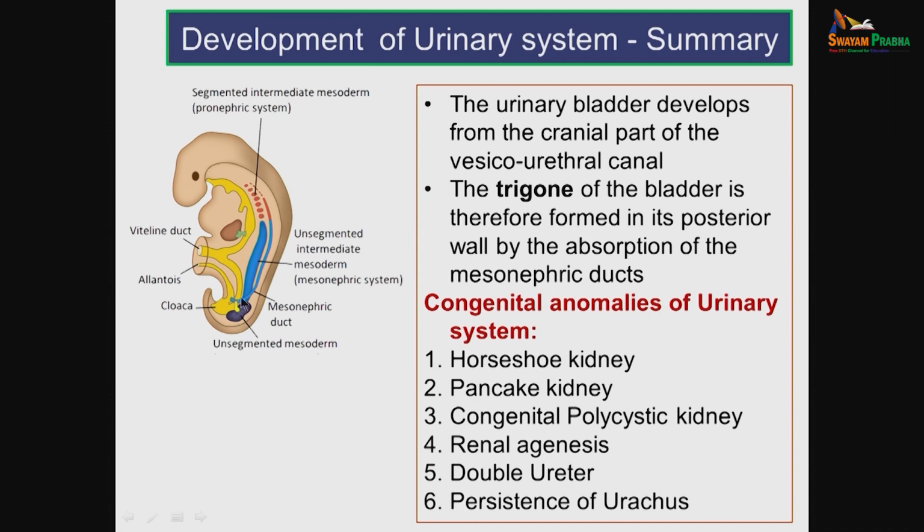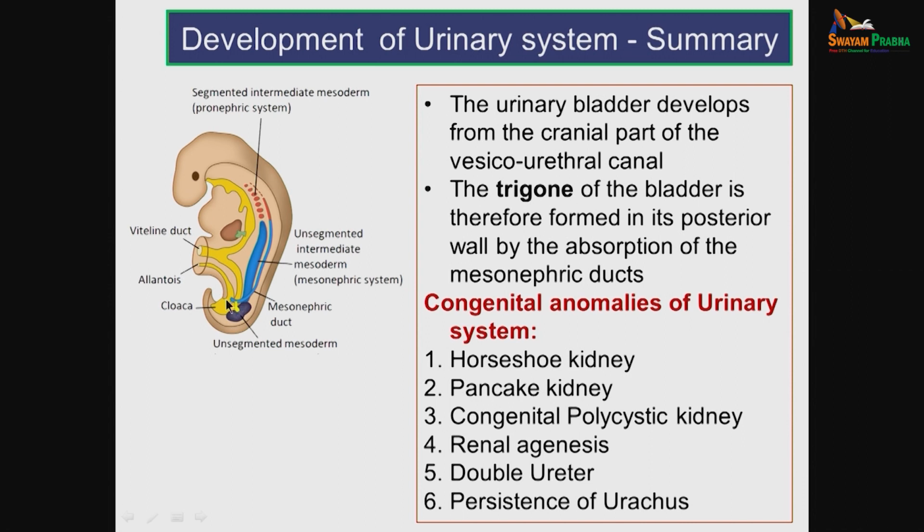Then we talked about the development of the urinary bladder, which develops from the cranial part of the vesico-ureteral canal, which is a subdivision of the primitive urogenital sinus, which itself is a subdivision of the cloaca. The ventral part of the cloaca is the primitive urogenital sinus.